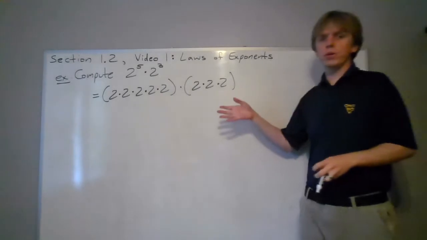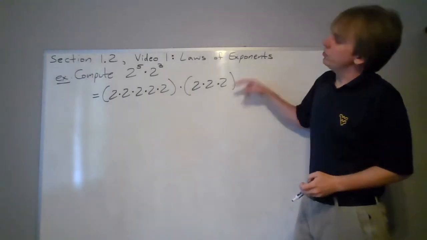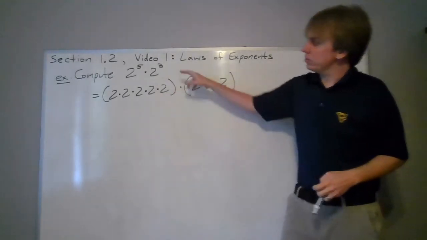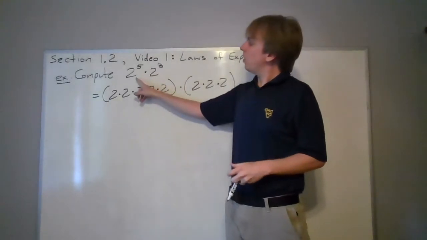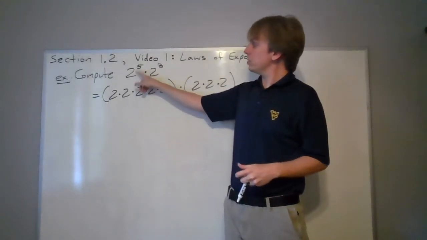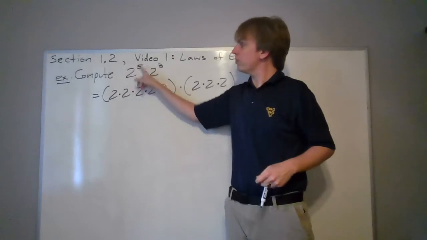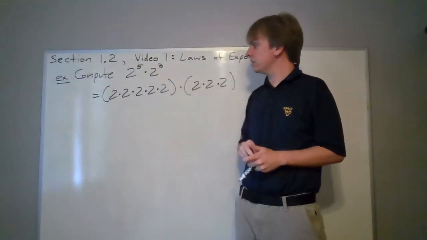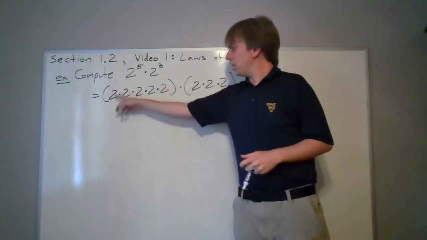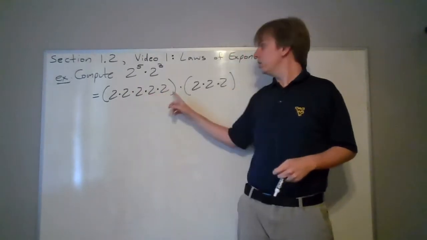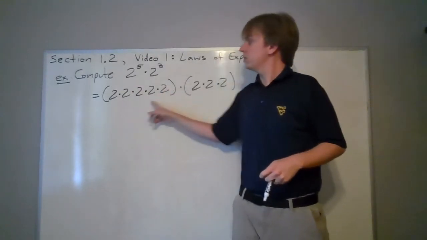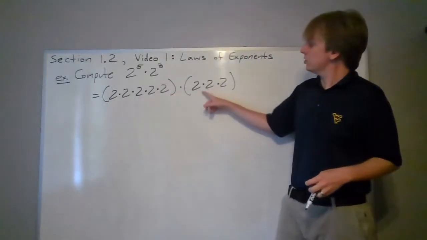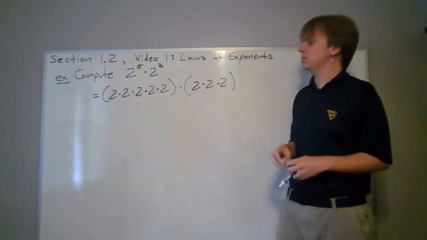Notice there's a little bit of weirdness with parentheses, but if you check the meaning of this expression versus this expression, our order of operations says you do the exponents first, so 2 to the 5th first, and 2 cubed first, before you deal with multiplying anything together. So that should have the same meaning as what I have written here, 2 to the 5th power in parentheses, and 2 to the 3rd power in parentheses.